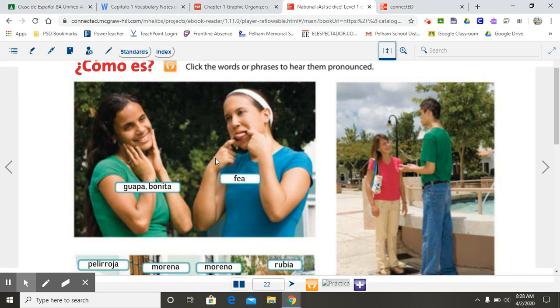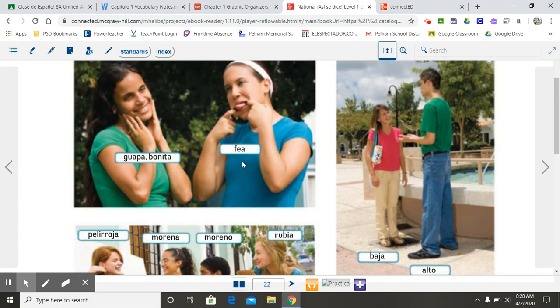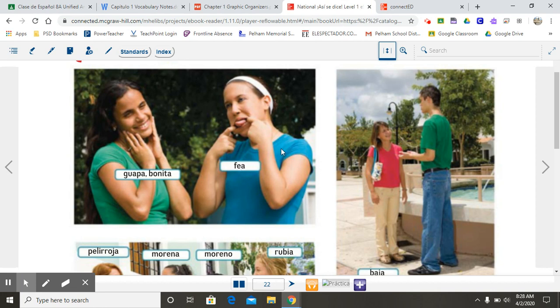So the way you're going to know which gender it is: if the word ends in A, it's referring to a female, a woman. All right? It is a feminine word. If the word ends in O, as you can see here, then the word is masculine or male. Okay? So let's keep going.